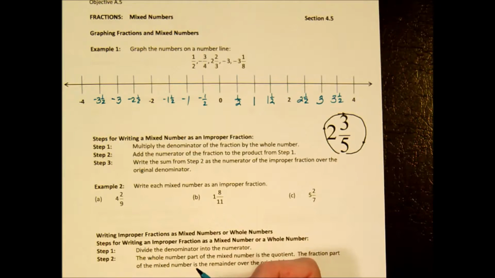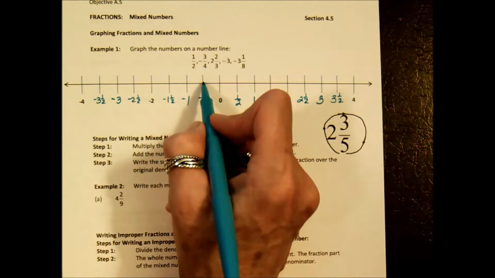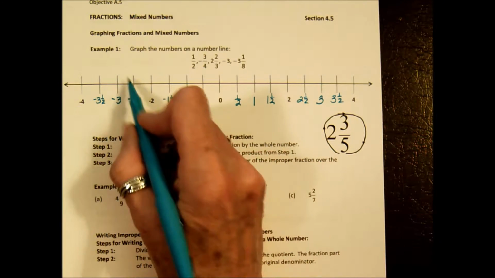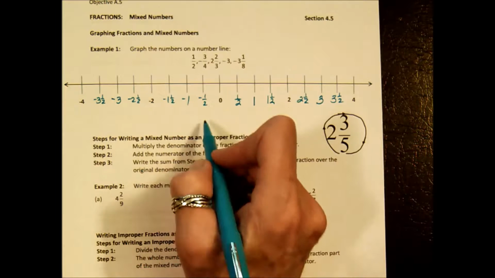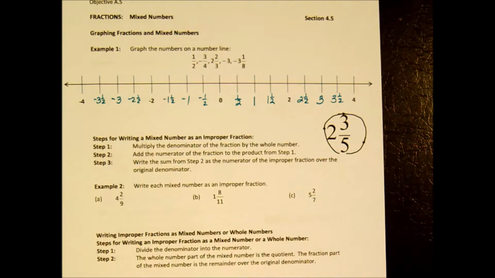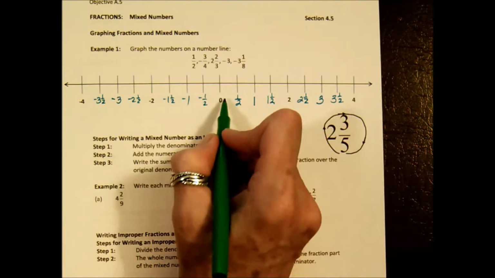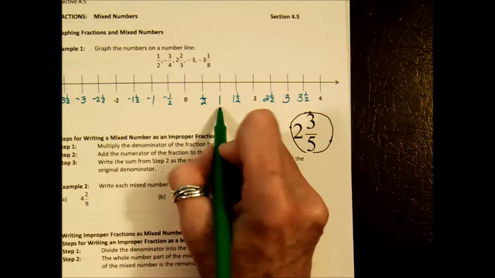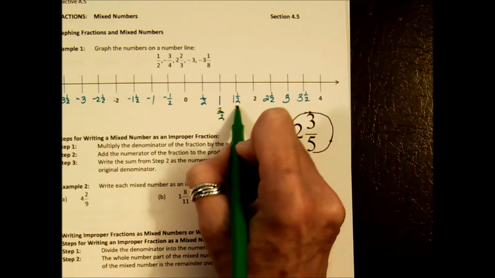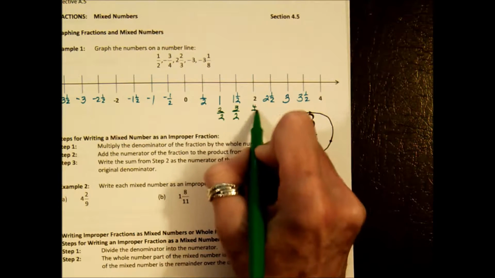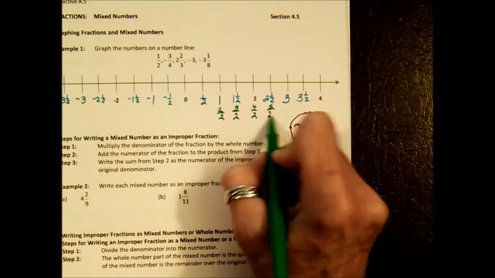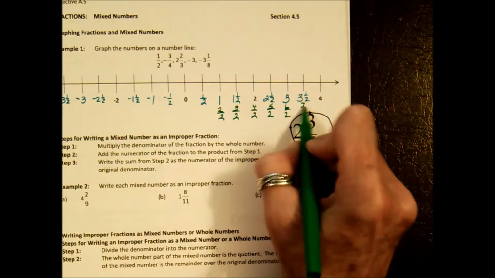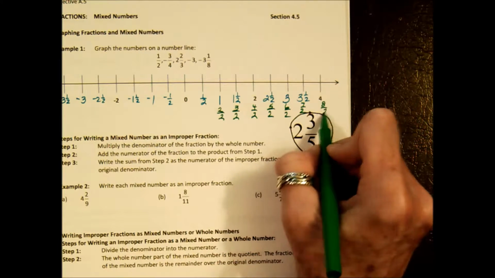Now I want to show you one more thing. Since each of these lines represents a half, we could also count in halves, and I'm going to do that in a different color. So let's do the positive side first. I could say this is 1/2, 2 halves, 3 halves, 4 halves, 5 halves, 6 halves, 7 halves, and 8 halves.